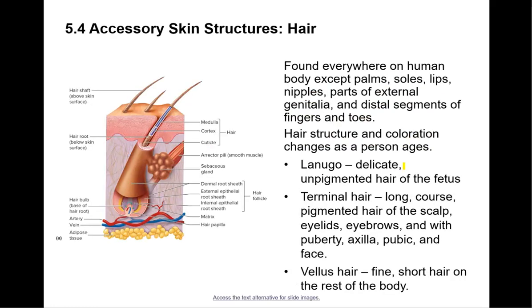So we're going to move on and talk about hair because the integumentary system consists of the skin and also hair and nails and glands. Hair is found everywhere on the human body except the palms of the hands, the soles of the feet, lips, nipples, parts of the external genitalia, and then the distal segments of the fingers and toes near the fingertips.